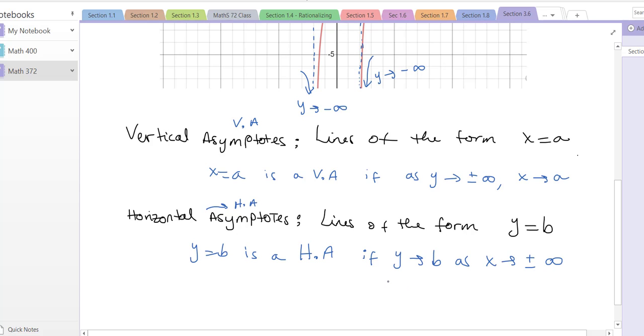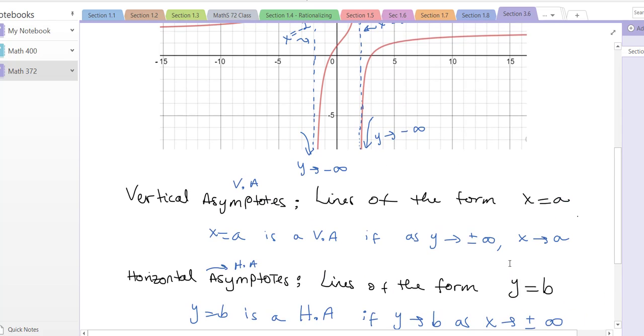So the arrow means y approaches b as x approaches either positive infinity or negative infinity. Let's look at our graph again.